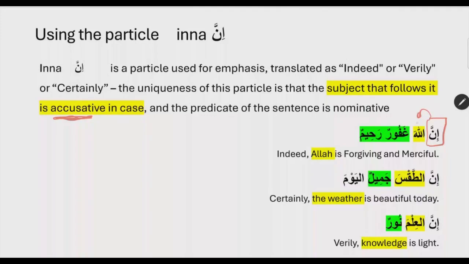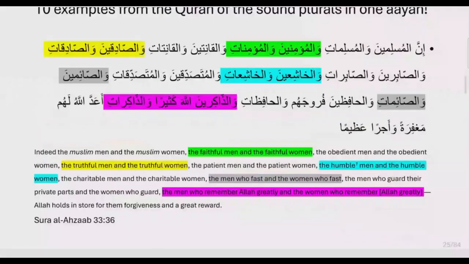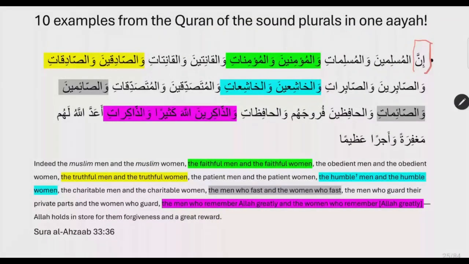It makes the subject accusative in case, and all the qualities become like the predicate, as it were, so that takes the nominative case. Why I'm showing you this example is because it's used in this Quranic example that we cited, where we had all the sound masculine and sound feminine plurals. If you look at inna, here's your particle, and then this is your accusative genitive case.